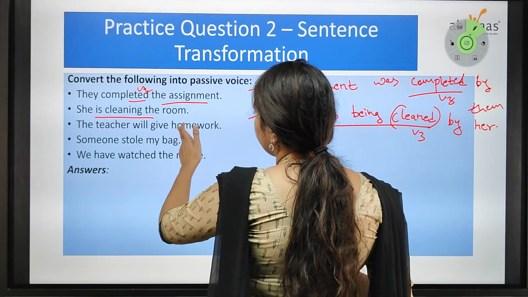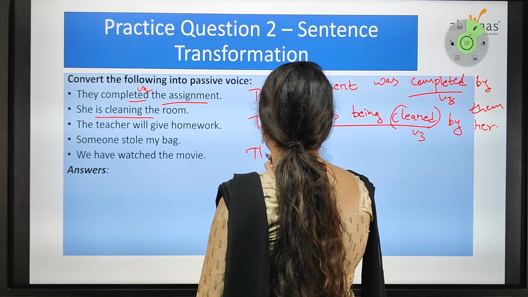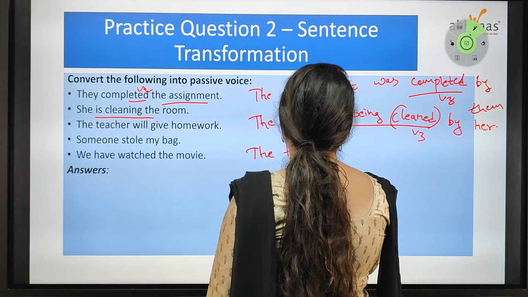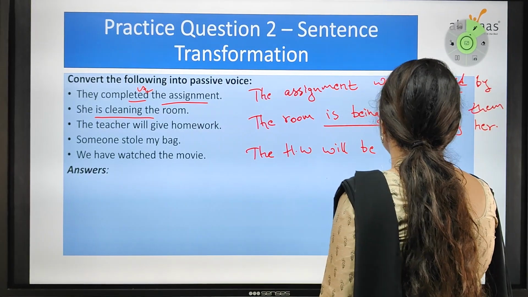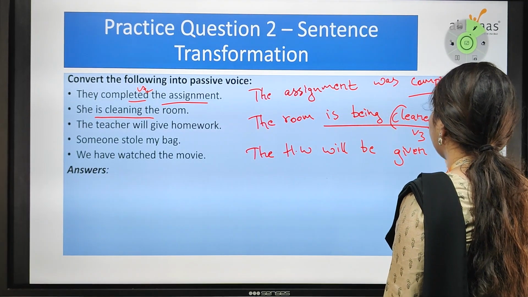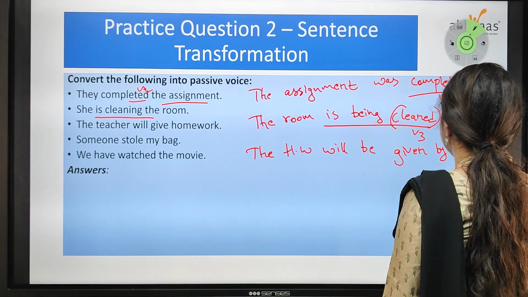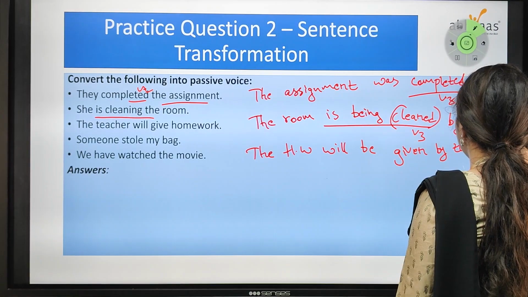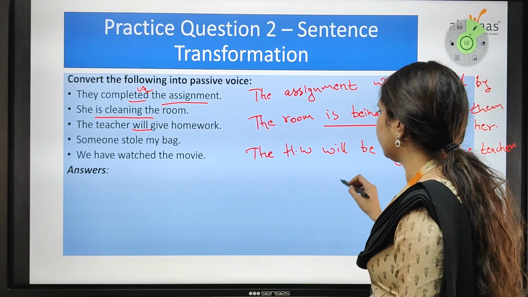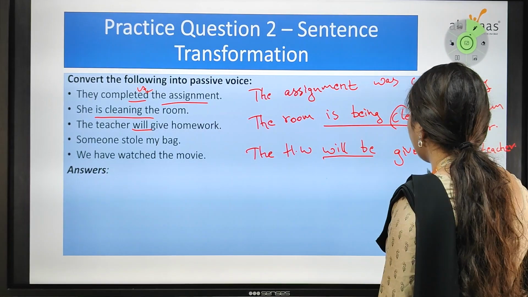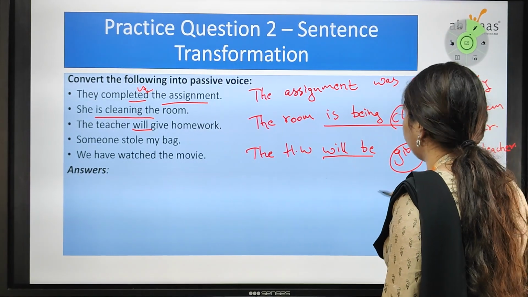Next, the teacher will give homework. The homework will be given by the teacher, because here will is simple future. For that, the be form would be will be, and given is your V3 form.